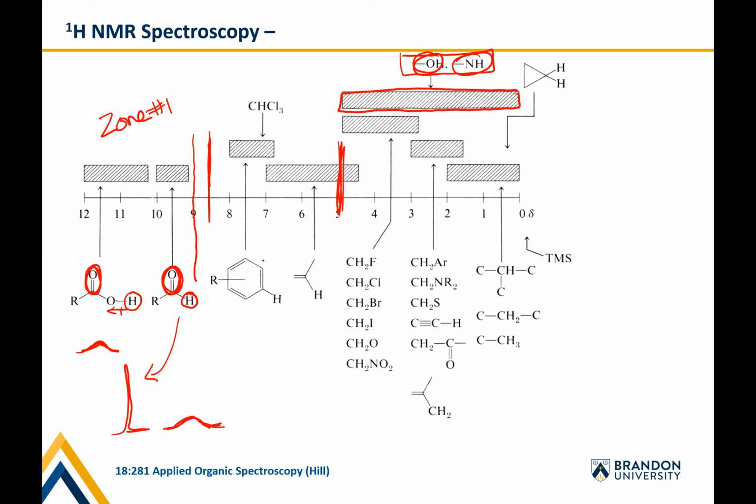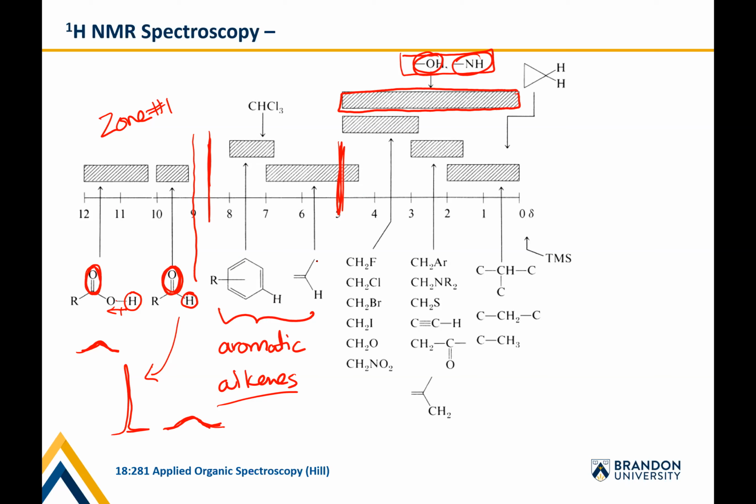This is a region where you're going to find your aromatics and alkenes. Some of them go below here, but that's really special circumstances. These protons are de-shielded significantly, and that's why they're down here.